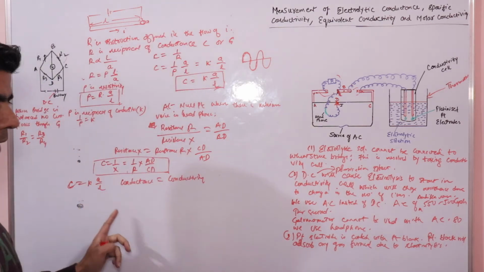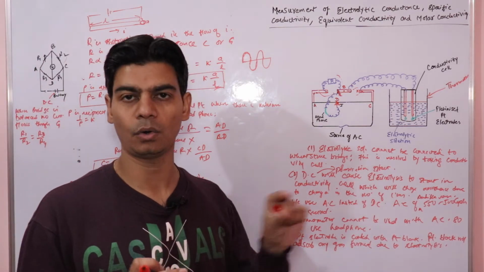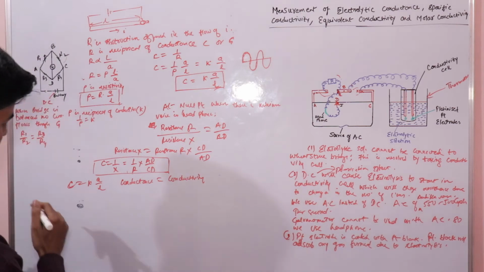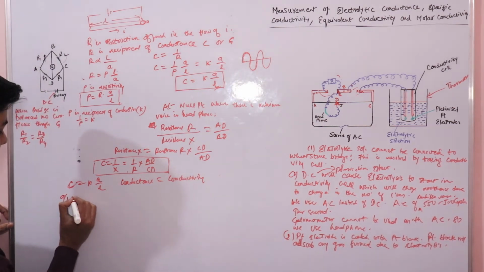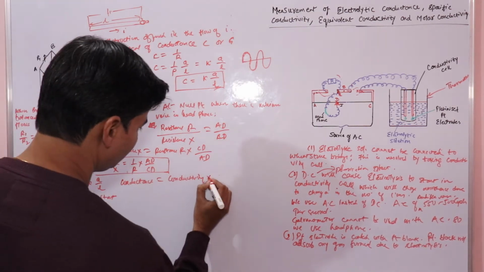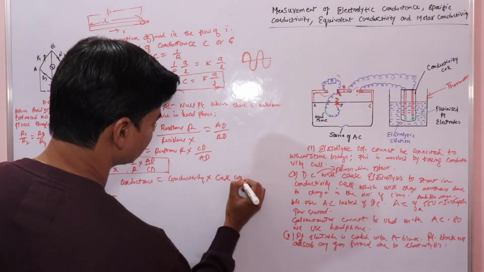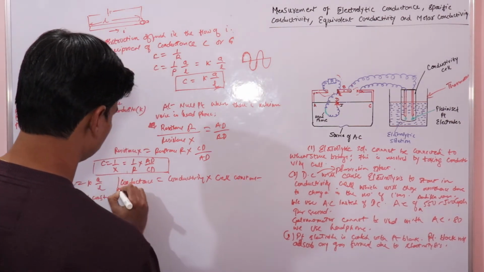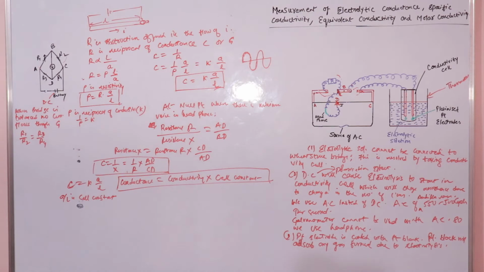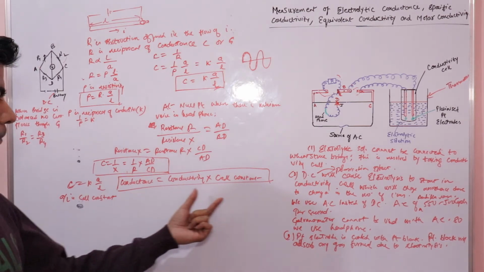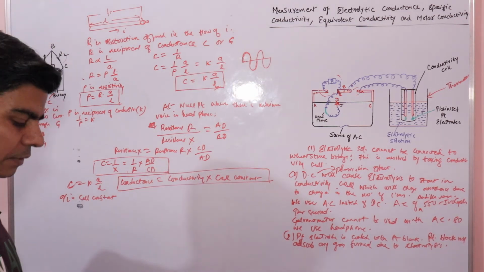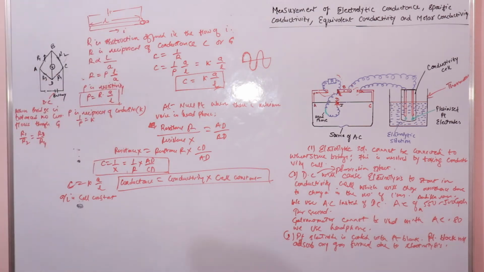So we say A upon L is constant for a cell, and you can see it's written on the cell, right? This cell constant is always written on the cell because it's a constant value. So we say A upon L is cell constant, right, into cell constant. This is the formula. So if you know the conductance and the cell constant, you can find the value of conductivity of the electrolytic solution.